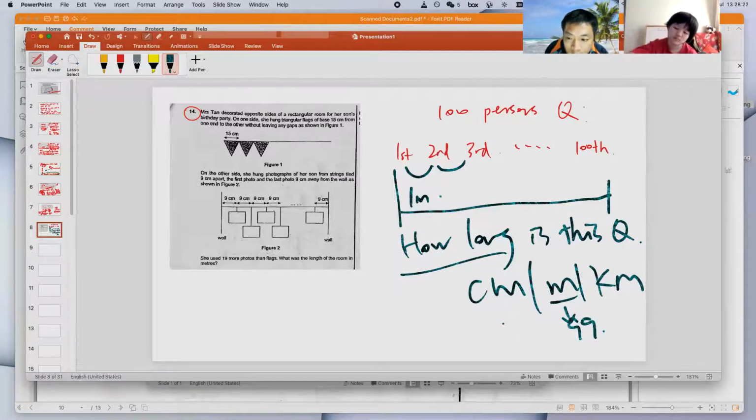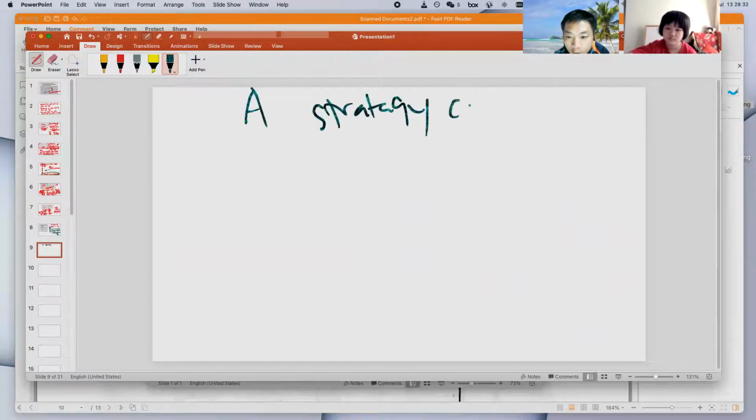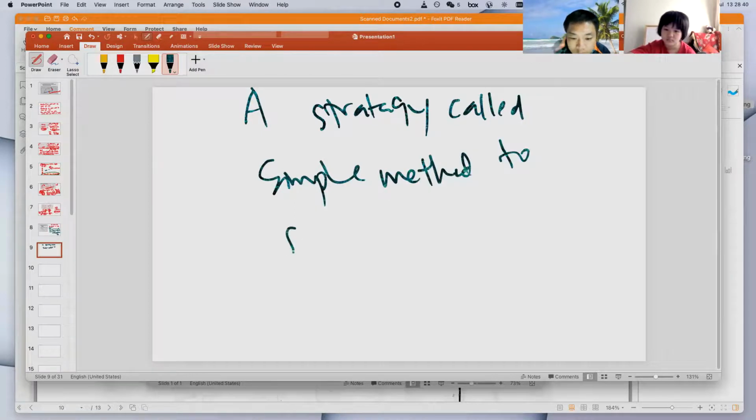Okay, how I'm going to do this question is I always like to use a strategy called simple method to solve complicated problem.